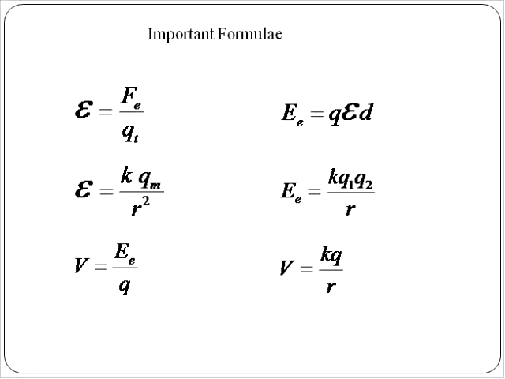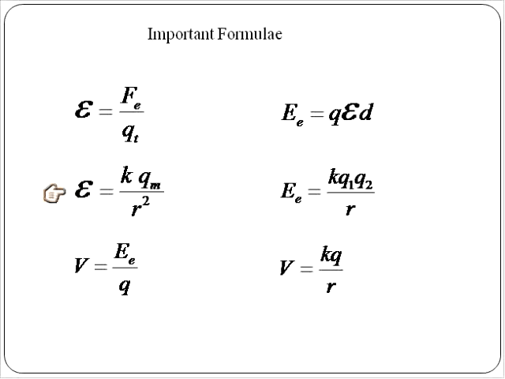So here are some formulas. Here's the definition of electric field, F over Q. And if we replace this F with the expression for Coulomb's law, it reduces down to this expression: electric field equals KQ over R squared.